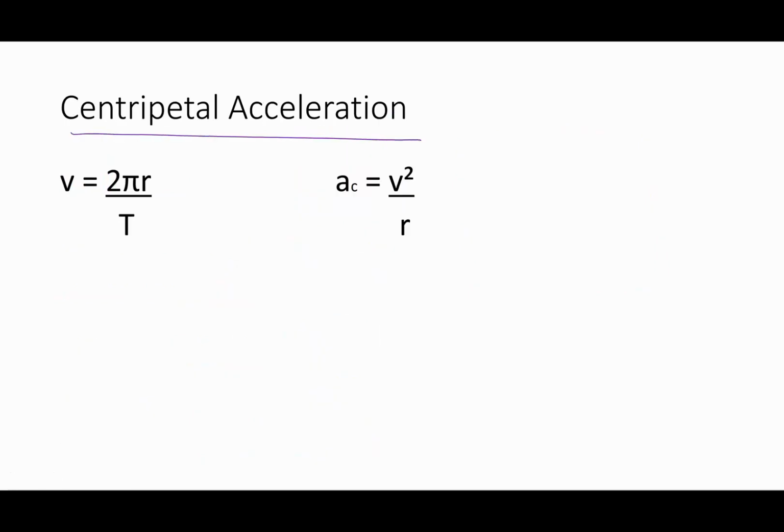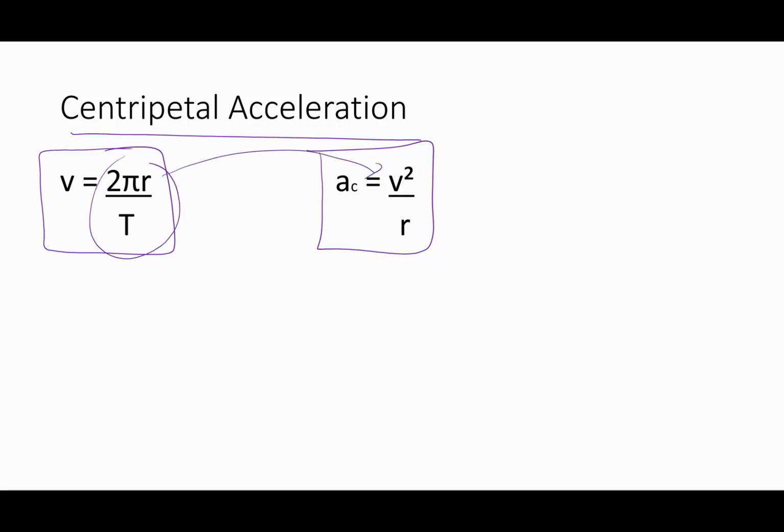Now, a lot of homework problems are going to ask you to do this, and I want to show you how this unfolds. If I've got velocity in a circle and I've got centripetal acceleration, what happens if I replace velocity with 2 pi r over T? Well, velocity squared is going to be 4, 2 squared, pi squared, r squared, divided by T squared.